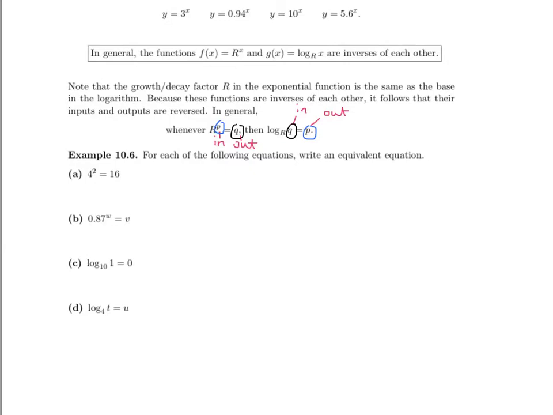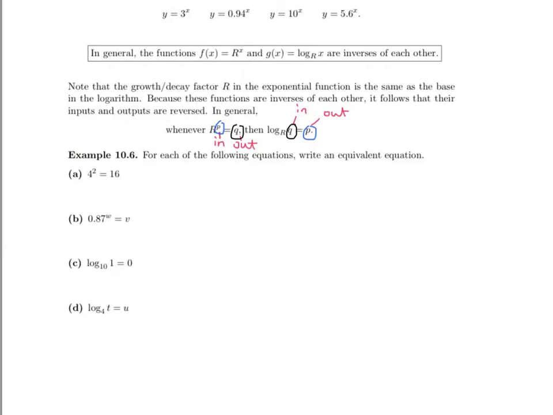Let's practice this relationship between the inputs and outputs of these two functions by looking at the next example. In each of the following equations, write an equivalent equation. Let's look at part A. If I told you 4 squared is 16, we should be able to rewrite this using logarithms because this equation can be interpreted in terms of exponential functions.